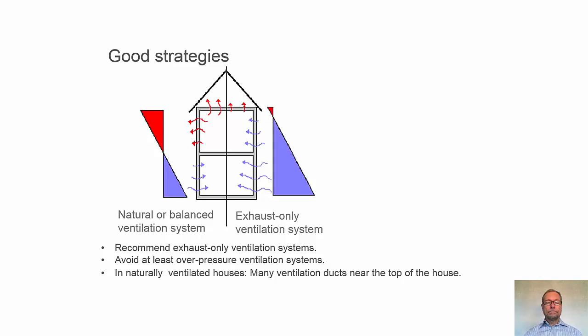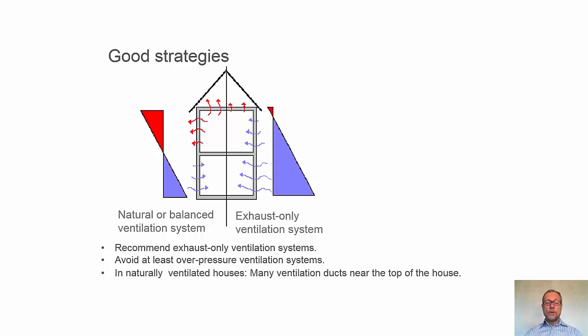So we recommend an exhaust-only ventilation system because that will cause air to flow inwards to the building instead of outwards. It also means that we have more dry outdoor air that is sucked in instead of indoor air that has higher moisture content flowing out and causing moisture convection problems.